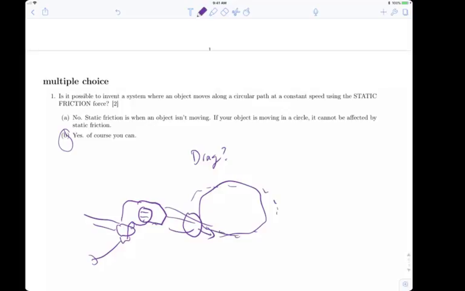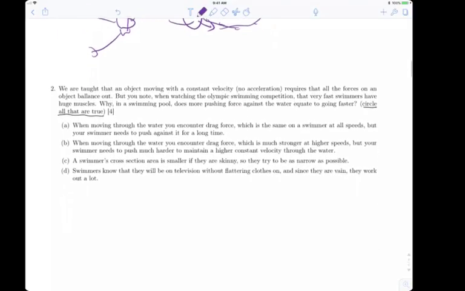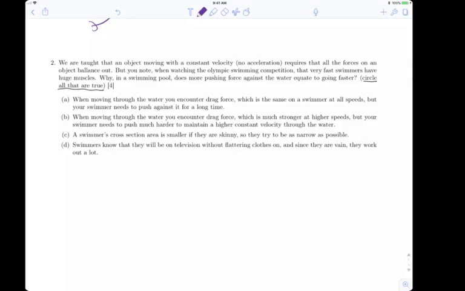Yeah, you can use any force. Some forces are easier to use to make things go in a circle than others, but pretty much the sky's the limit. I don't know of any force that you can't use to make something go in a circle. Just some forces require a lot more engineering than others.